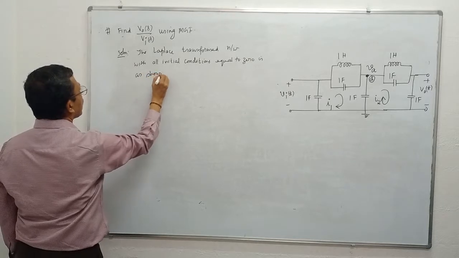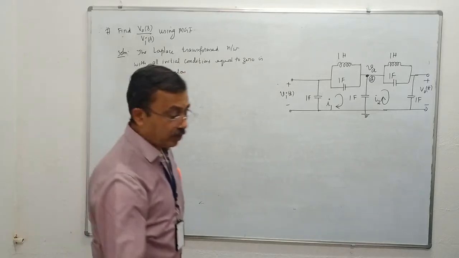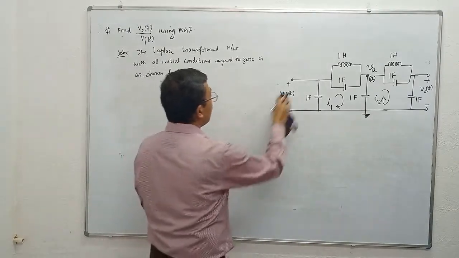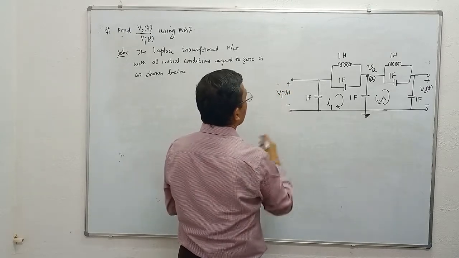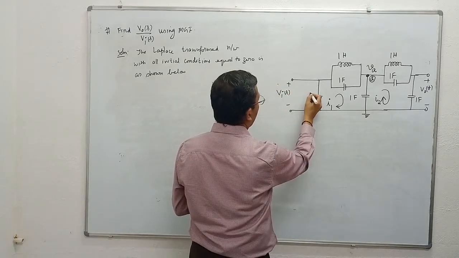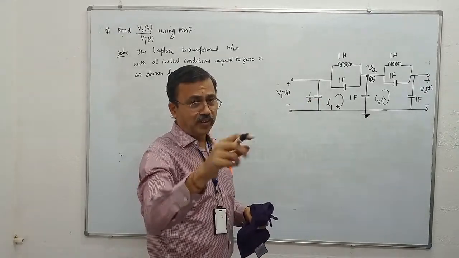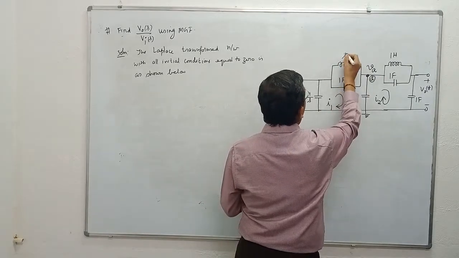So what we'll do is, C we will write as 1 by Cs, L we will write as SL. Vi of t becomes Vi of S. 1 farad becomes 1 by S. 1 Henry becomes 1 into S, which is S.